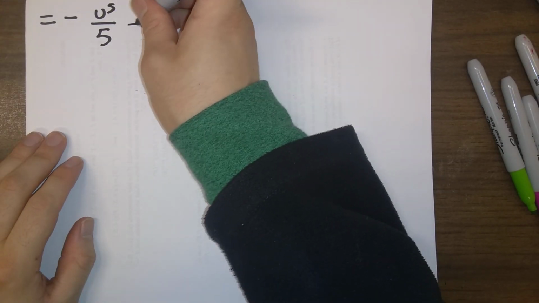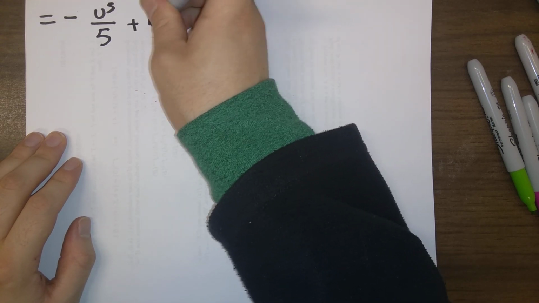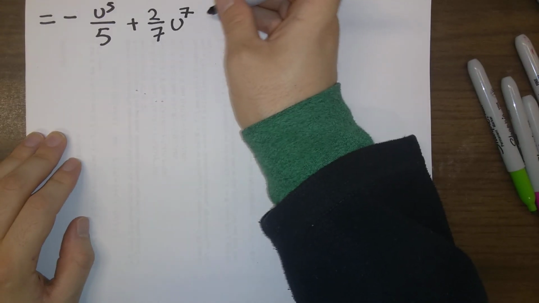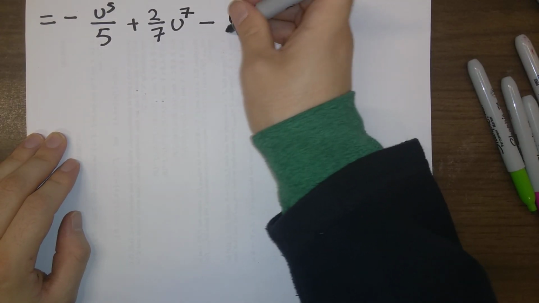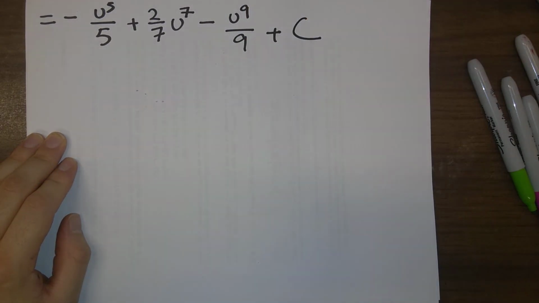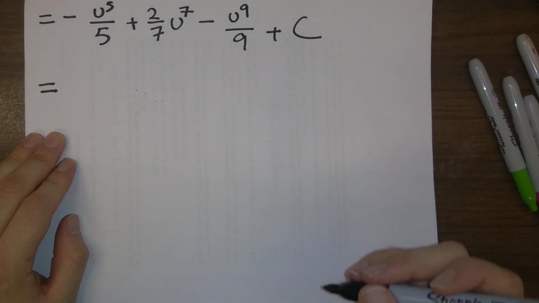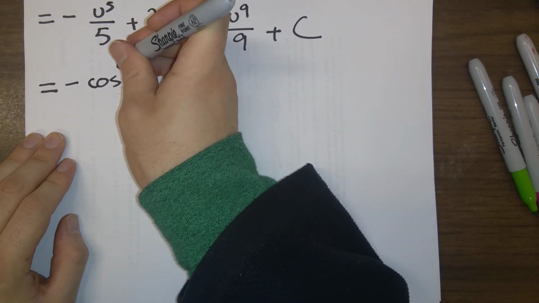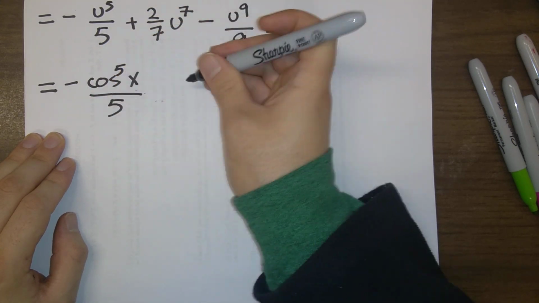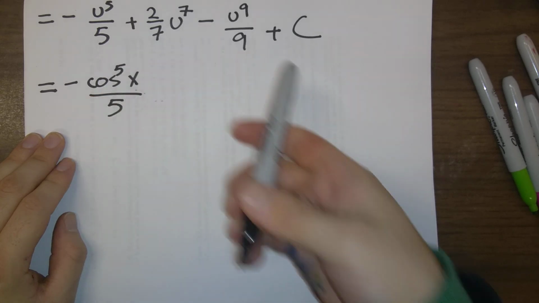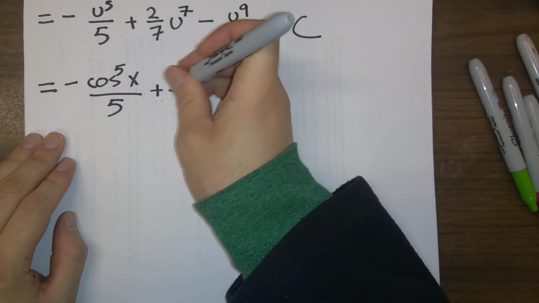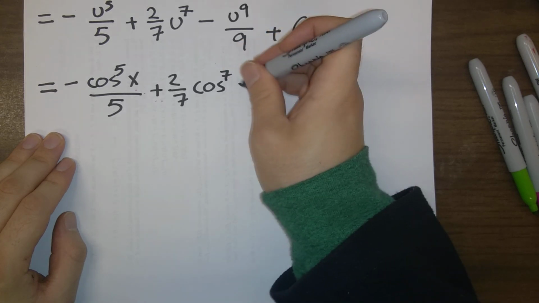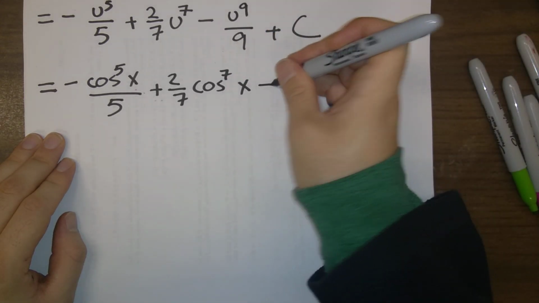There's another minus sign, so plus 2/7 u to the 7th, and then minus u to the 9th over 9, plus C. Our final step is that we want to put everything in terms of cosine x. Our original problem didn't have u's in it, so now we want to go back to x's.